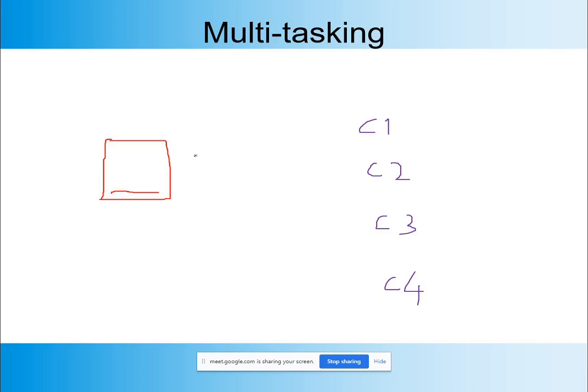He says, chef C1, you use the oven for say 15 minutes. He thinks 15 minutes is a sufficient time window for heating your recipe or dish. So C1 will use this CPU for 15 minutes, and then C2 can use it for another 15 minutes, and this goes on.